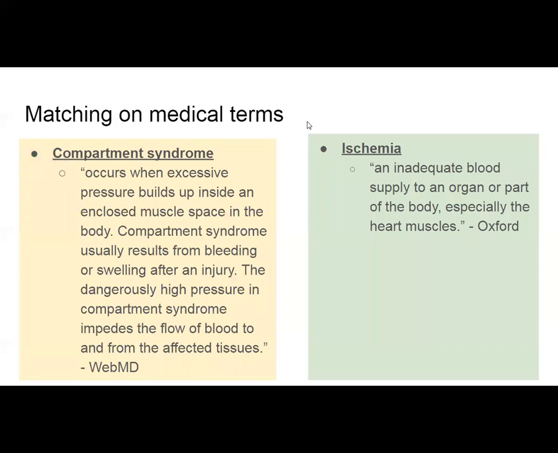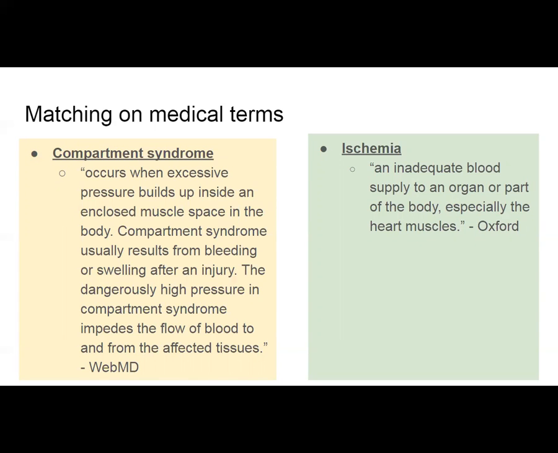All right, compartment syndrome. WebMD defines compartment syndrome as what happens when excessive pressure starts building up inside an enclosed muscle space somewhere in your body.